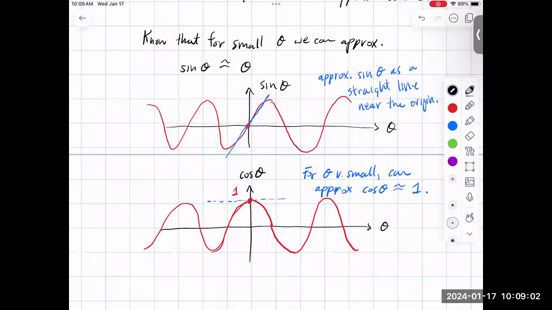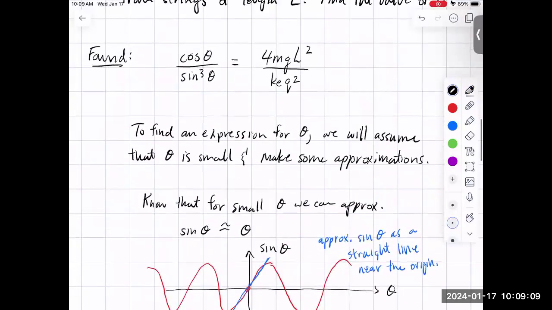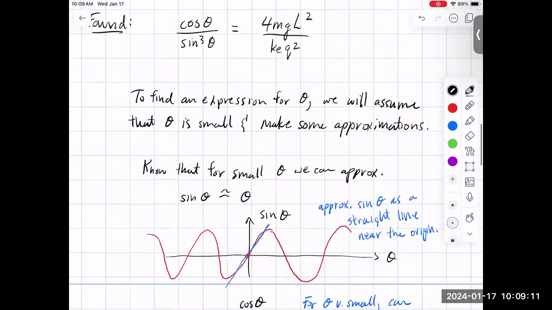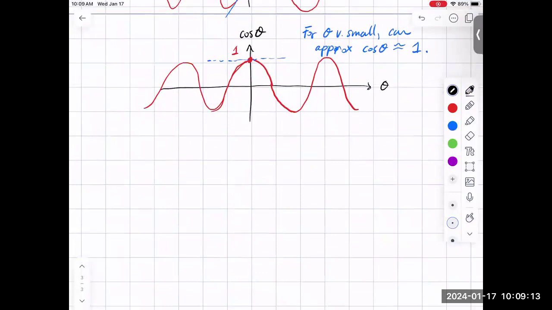Okay, and so we're going to use these two approximations in the problem we were working on over here. We have cos theta divided by sine cubed theta.